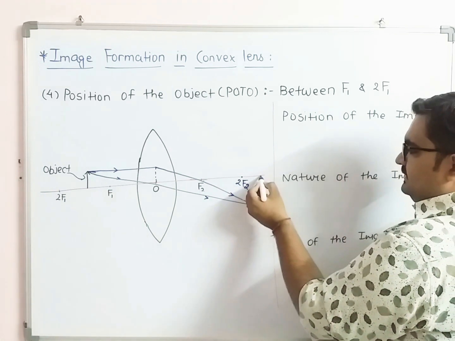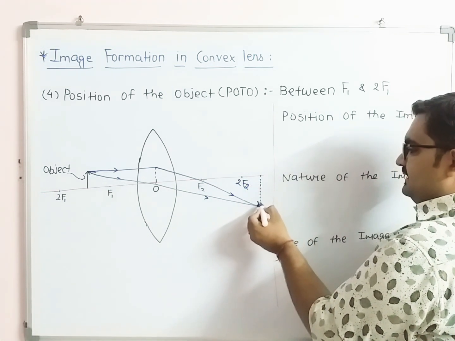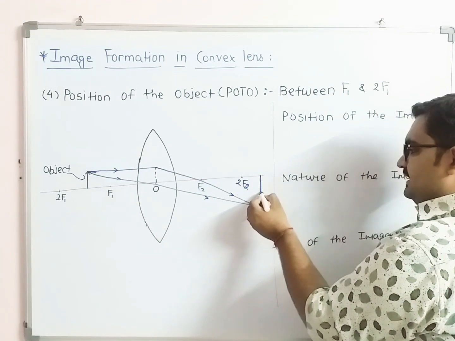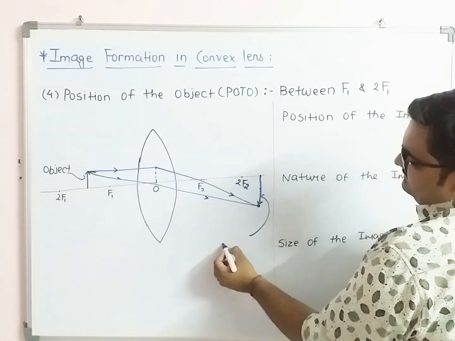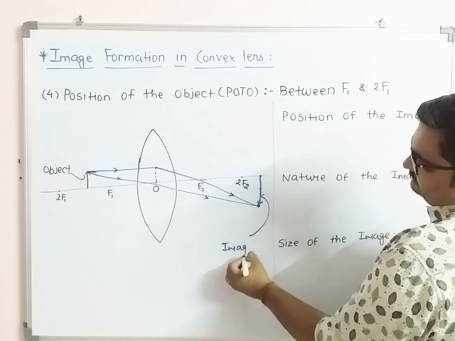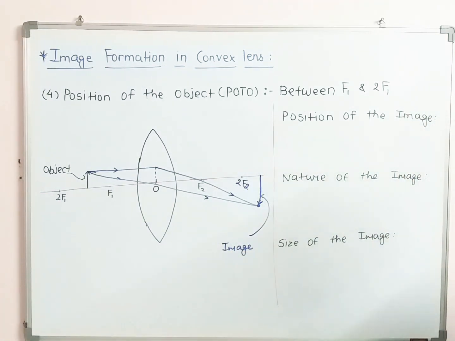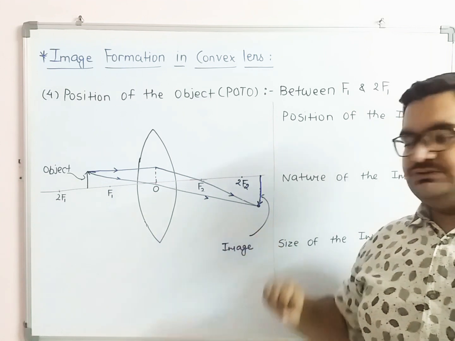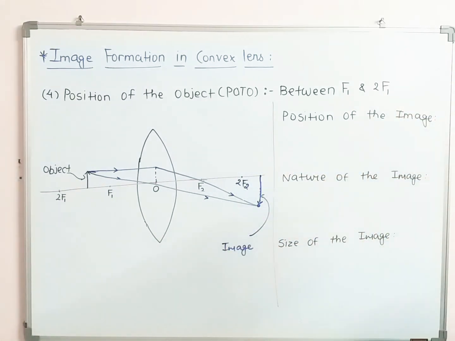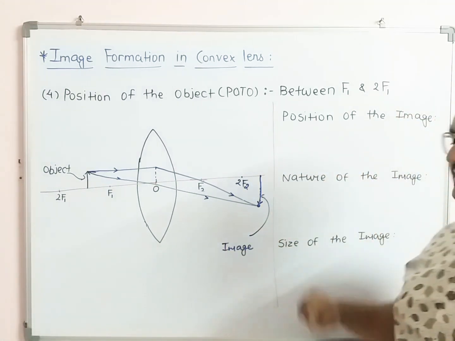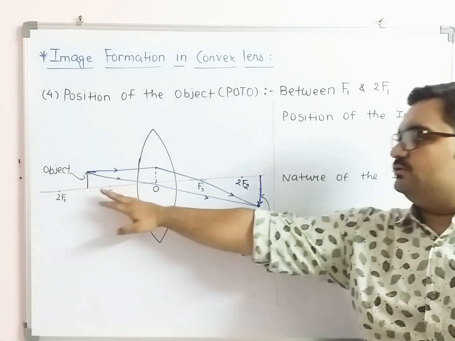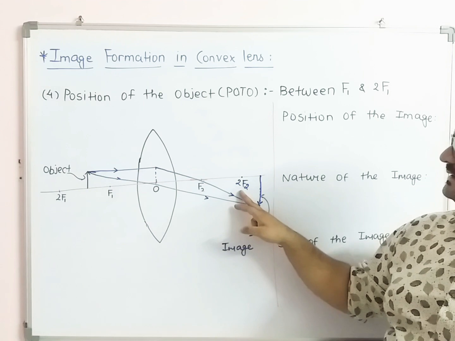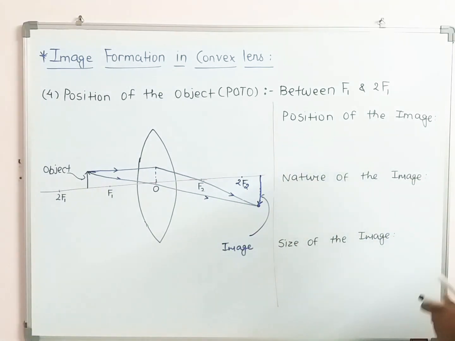So here I get the image of this object. So it is the image. So here, dear students, you can see the position of the image is on the opposite side to the object and beyond 2F2.